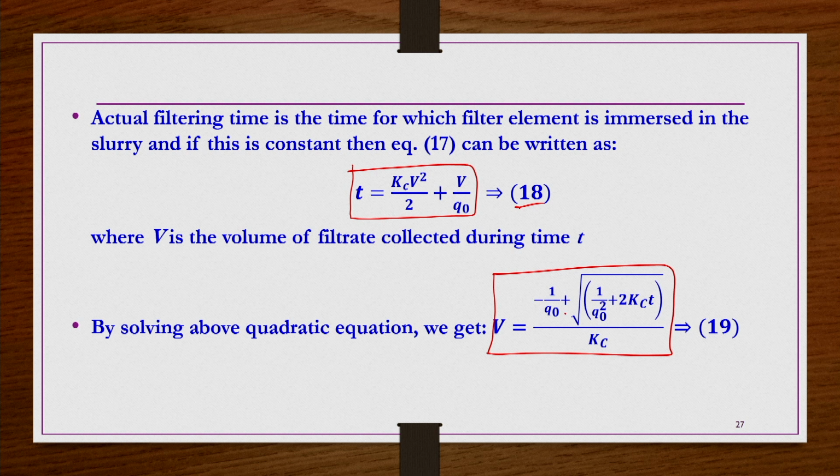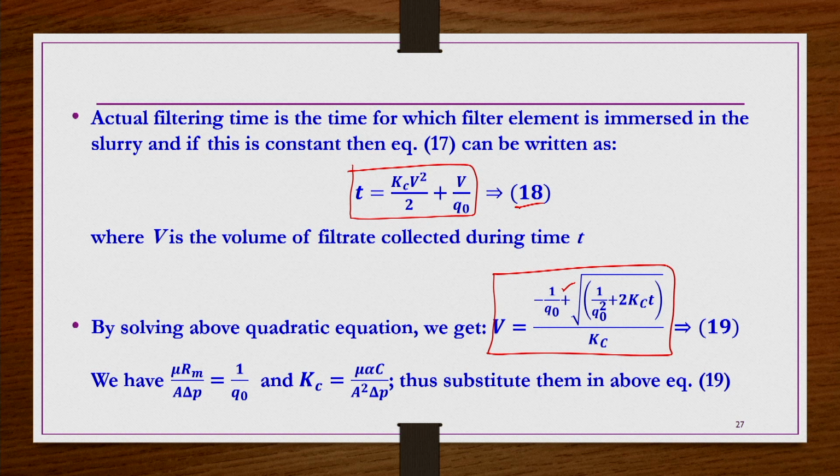This should be plus or minus as per the solution method, but we cannot have a negative volume of filtrate, so it has to be plus. If both are minus, then it is going to be negative. That is not possible in a real situation. That is the reason, though it is minus b plus or minus square root of b square minus 4ac by 2a, we have taken only plus here.